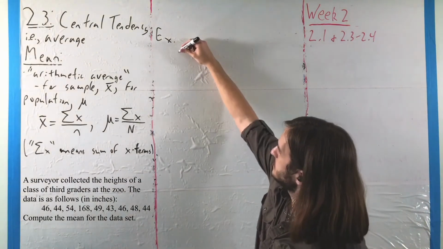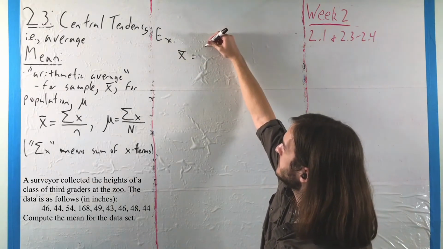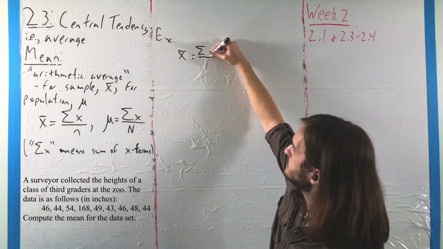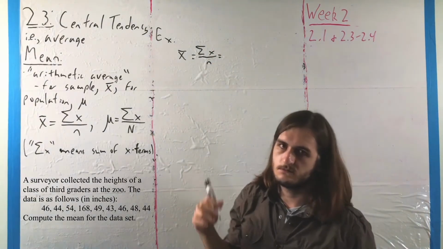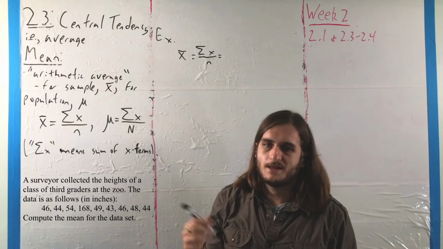So we're going to note this with x bar, and we take the sum over our values and divide by the number of values. It's nothing new, just a little more mathy notation.